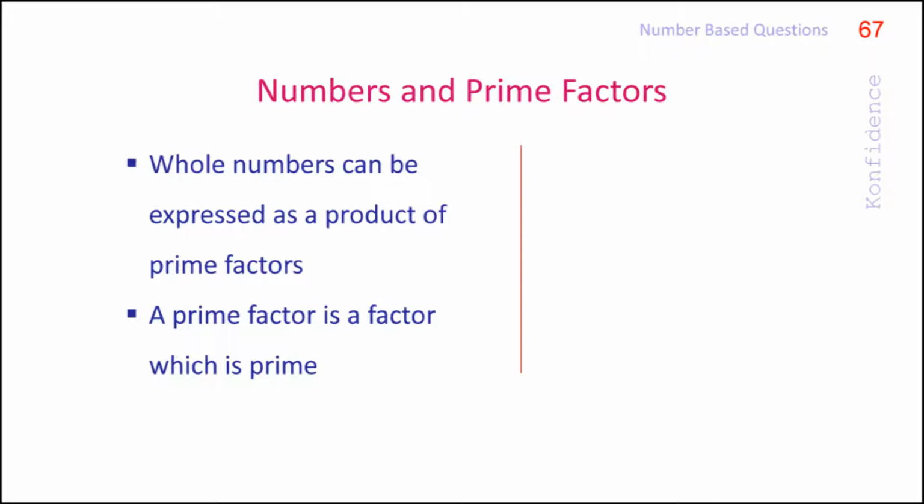However, we can modify that and write 80 as 2 into 2 into 2 into 2 into 5 or 2 to the power of 4 into 5. Which is what we mean when we say expression as a product of prime factors, because 2 is prime and so is 5.